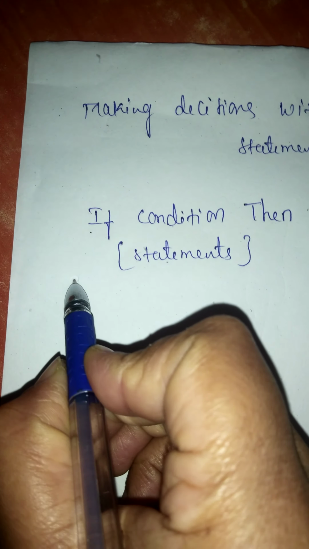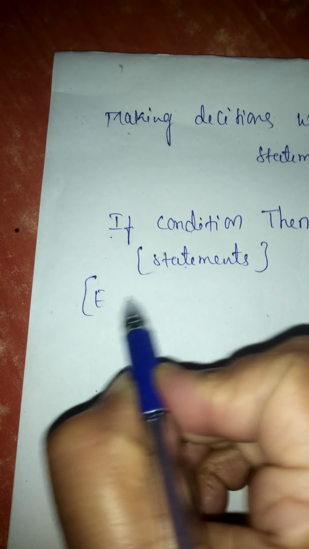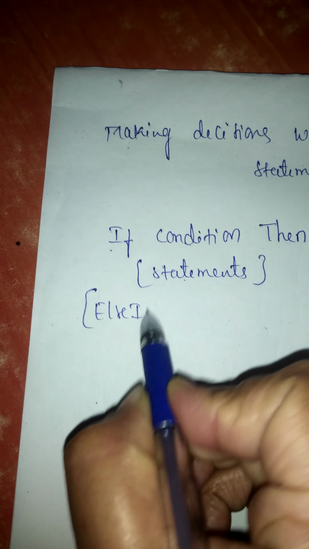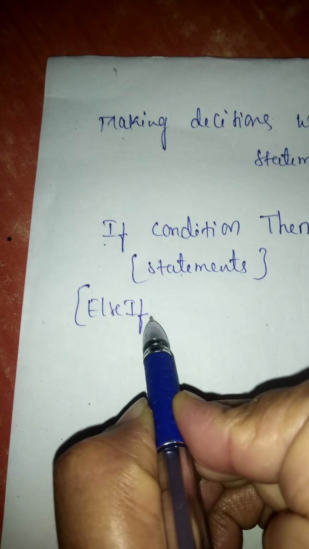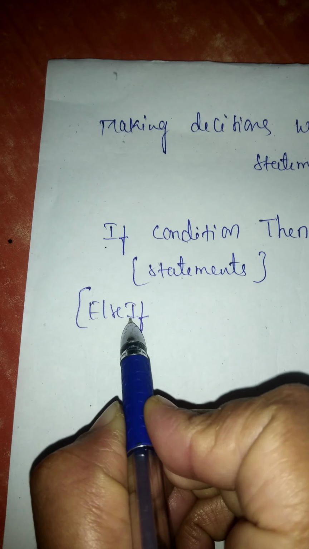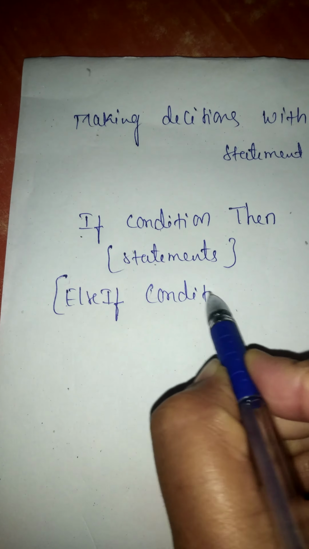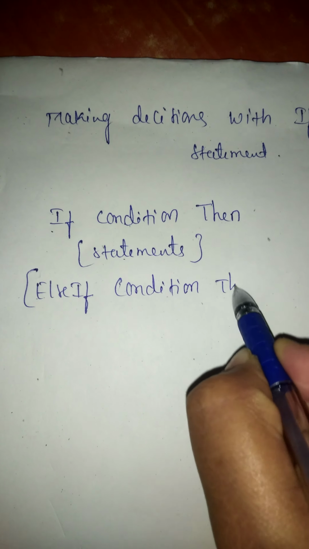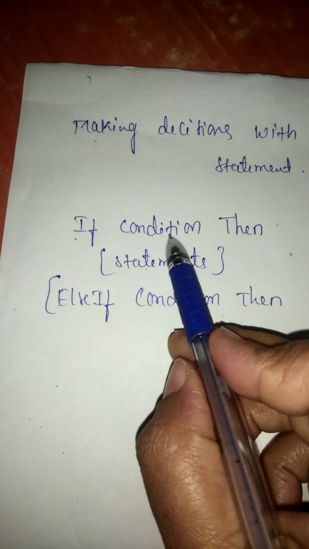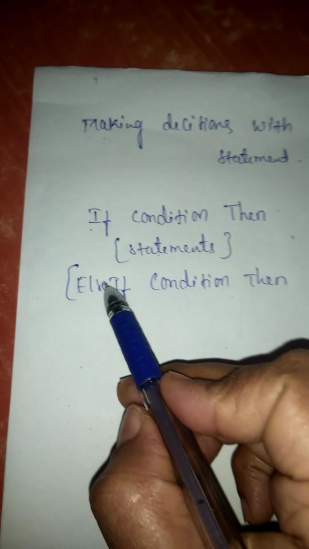And next, else if. Else if is a continuous word, and E and I are capital here. Else if condition then. Means if the first condition is false, it will come here for another condition.